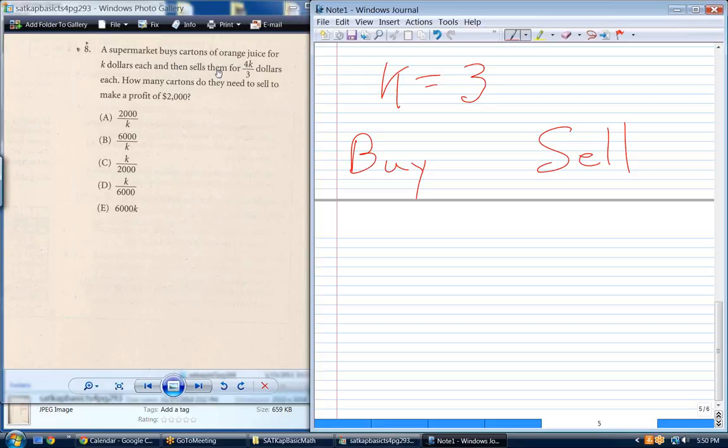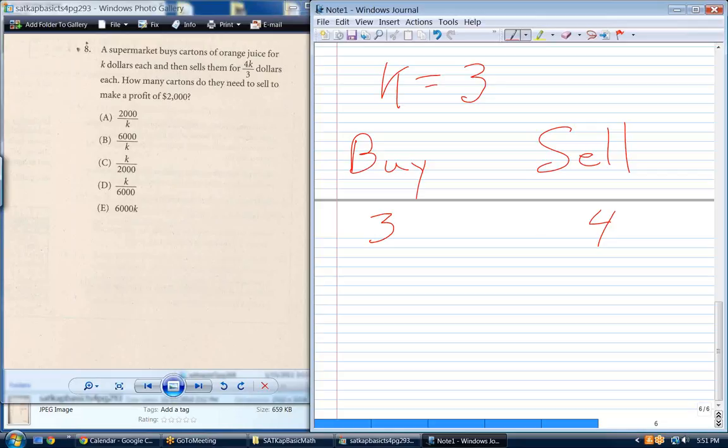So $3 each. So you do 3 times 4, which is 12, divided by 3, which is 4. So you'd be selling it for $4 and buying it for 3. So in this case, I make $1. Now, the reason I picked K as 3 is because I wanted the profit to be a nice round number. How many cartons do I have to sell to make $2,000 if I make $1 on each one?